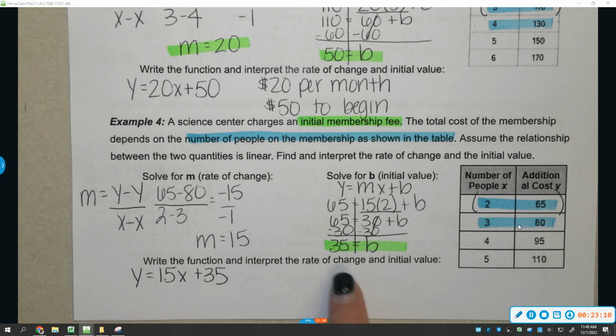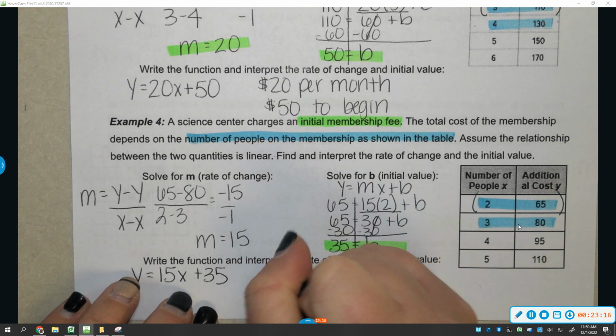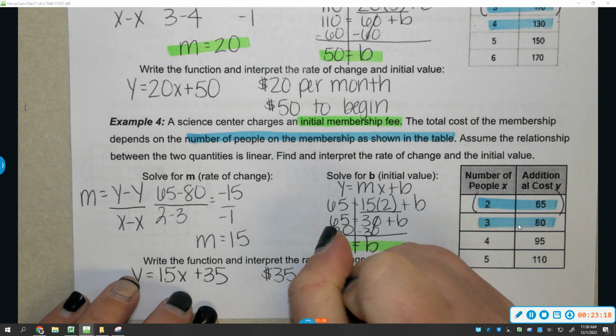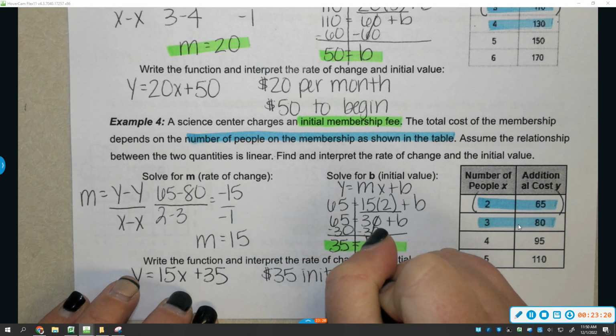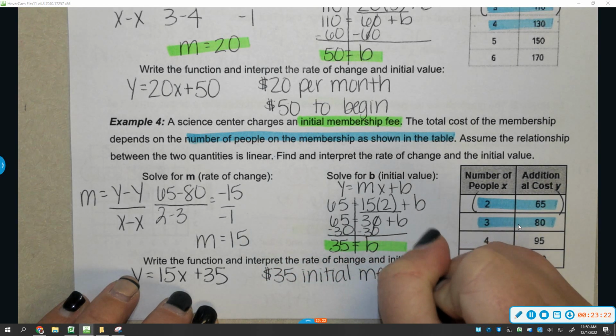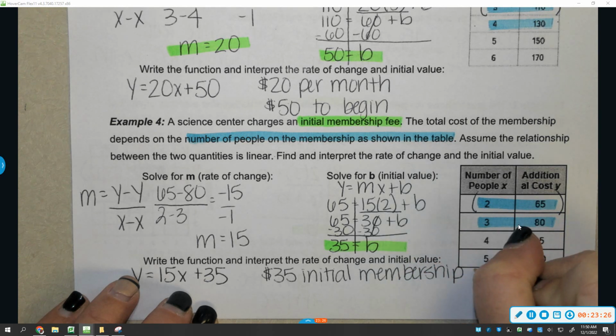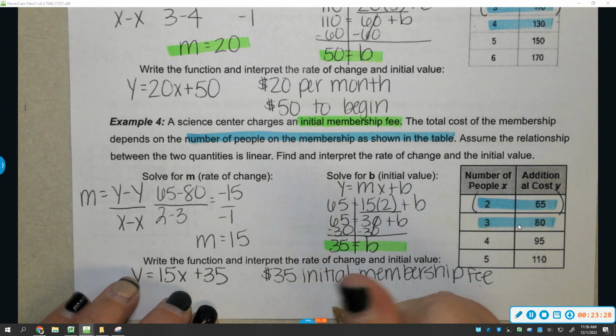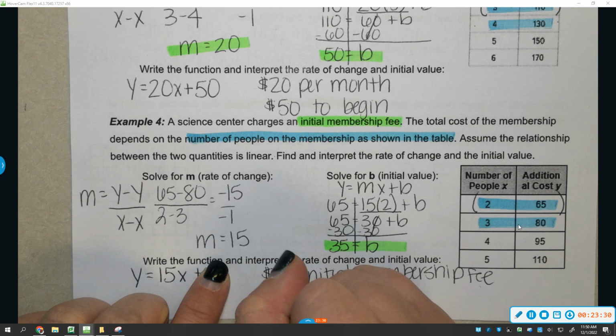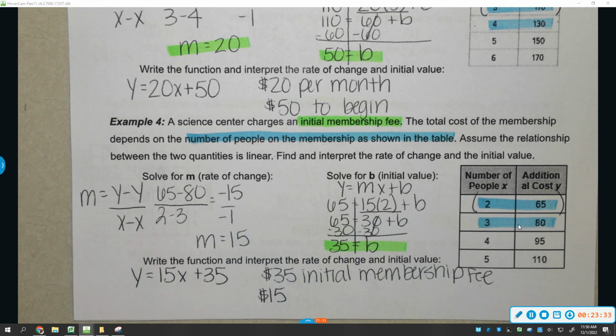All right? So to interpret, the beginning value is $35 initial membership fee. Now, as for the 15, it's going to be $15, but what is the rate?